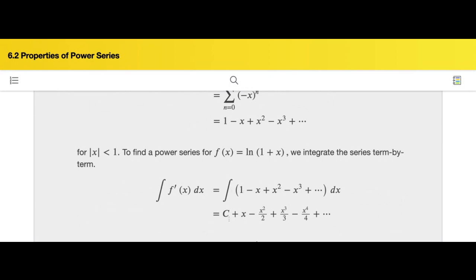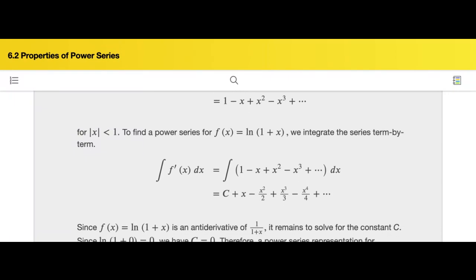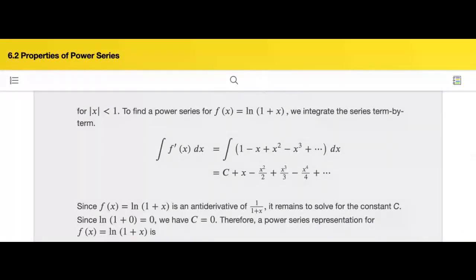When we integrate, this is an indefinite integral, so we add a constant c to it. Integration of 1, that's x, negative x, integration of negative x squared over 2. Integration of x squared, that's x cubed divided by 3, and so on and so forth. So we get a representation for f of x, or ln of 1 plus x.